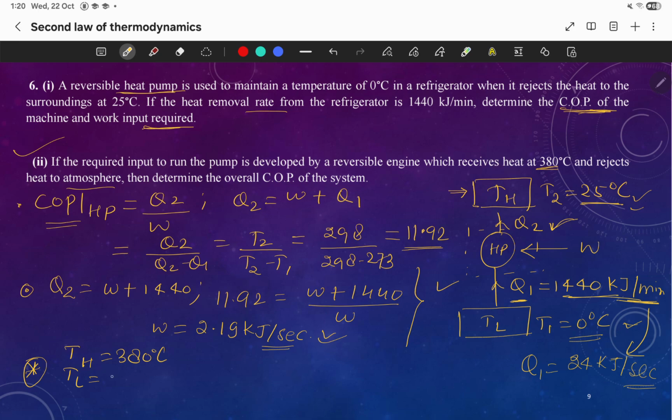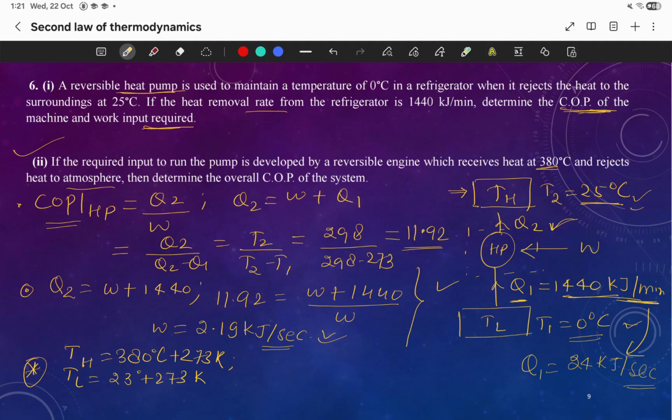Atmosphere means just take 23 degrees Celsius. Add 273 to this, so it will be in Kelvin, for your calculation. Then determine the overall COP of the system.